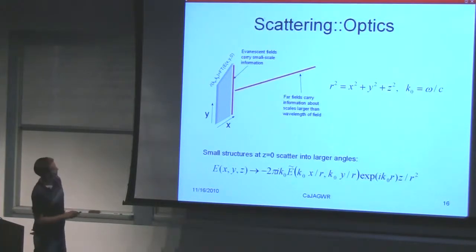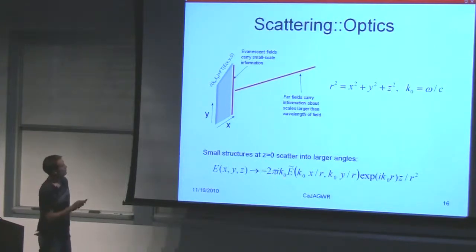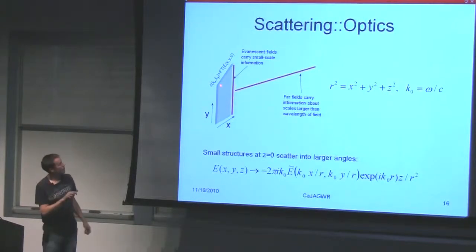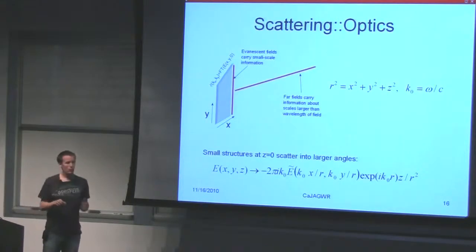And now what we know from optics is that this spectral shape is actually determining the field away from this plane, and it happens the following way.